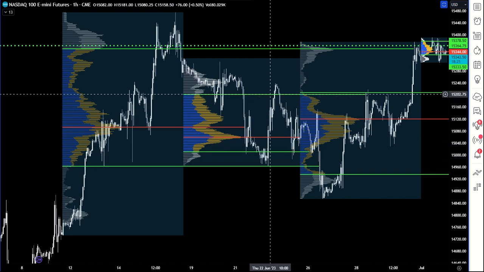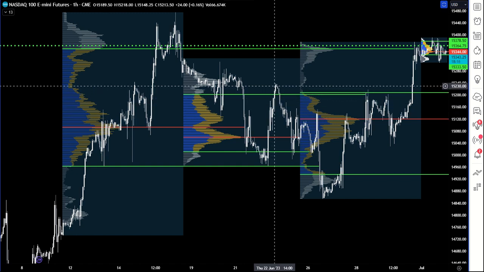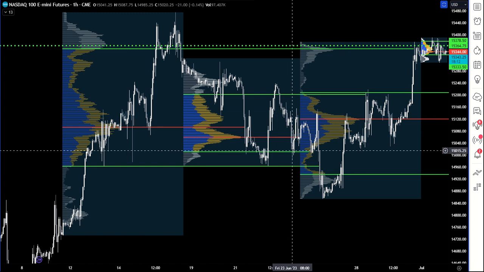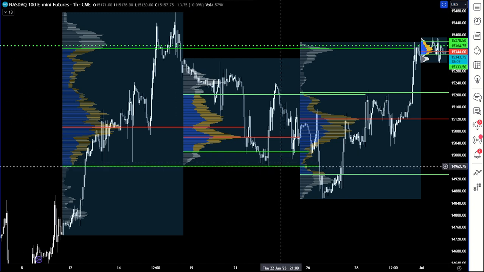Also, the value area high can be a good rejection point where price is pushed back into value. And that's exactly what happened here. It had a look above value, rejected, and came back down. So those are the components of the value area, and those are areas that I always mark as levels.